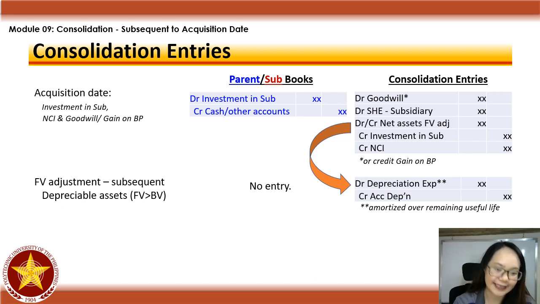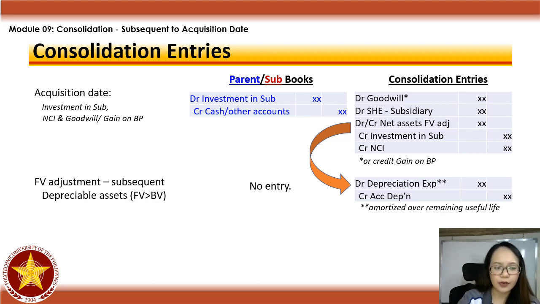But you should adjust it in the consolidation. So the fair value adjustment should be depreciated over the remaining useful life. You count the remaining useful life of your depreciable assets from the acquisition date up to the end of its useful life, and you amortize it over that period.